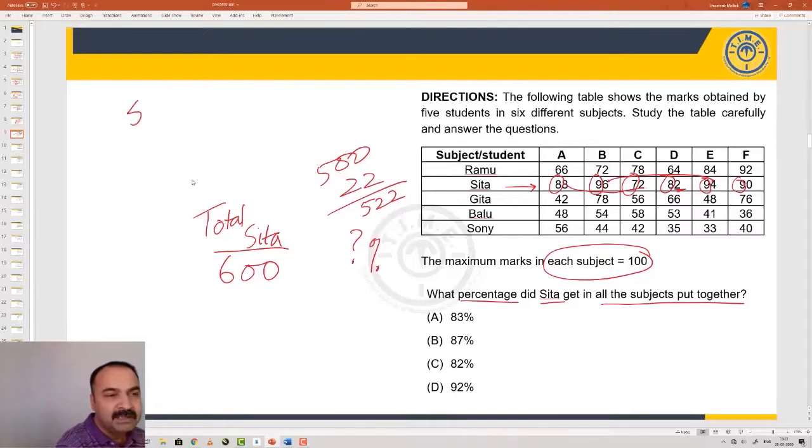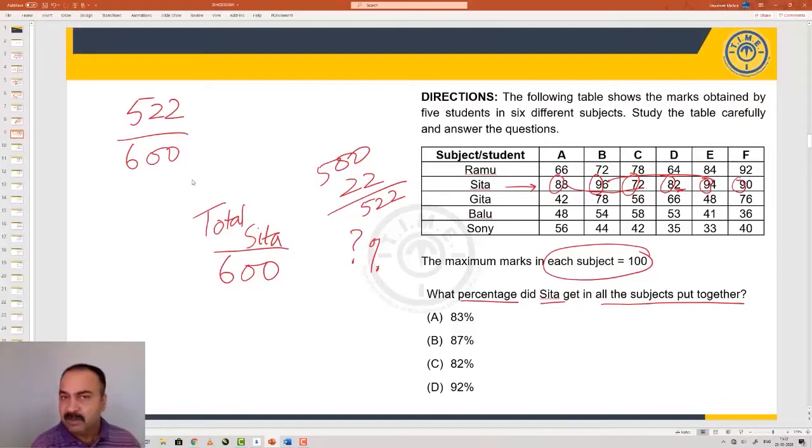Now total marks of Sita are 522 out of 600. So what is the percentage? For any fraction to convert to a percentage, you multiply by 100. And the moment you multiply by 100, mentally you know the double zero will cancel. So wherever the denominator is made up of 600, 700, 800, you can just ignore the double zero, because eventually that is what is going to happen. You will divide by 6.